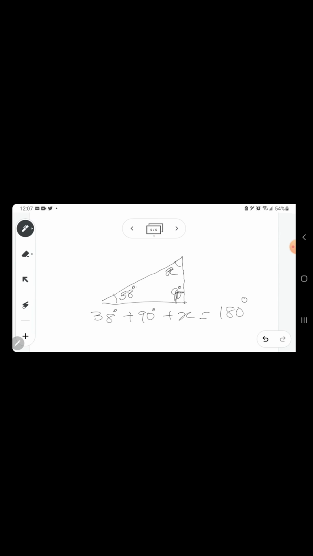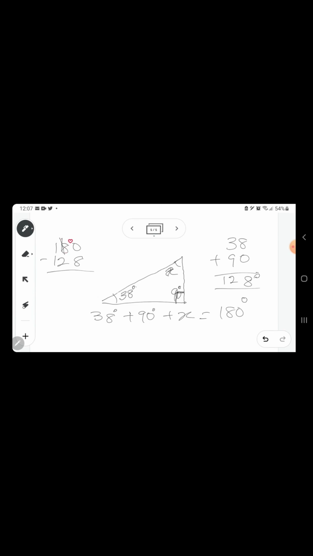Just like the last time. Now let's work this out. What is 38 plus 90? We know that 90 add 30 is 120, right? Add 8 on top is 128. But I'm using column method so you can see 8. That's it. 128 degrees. So now let's come to this side and say 180 minus 128 degrees.